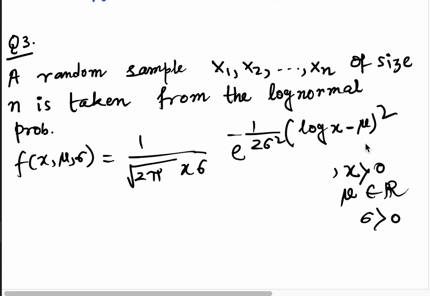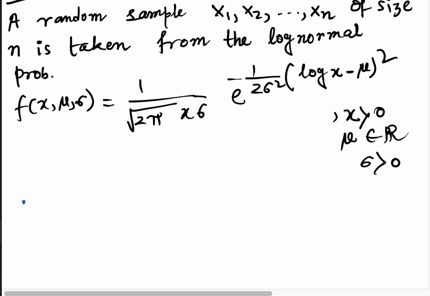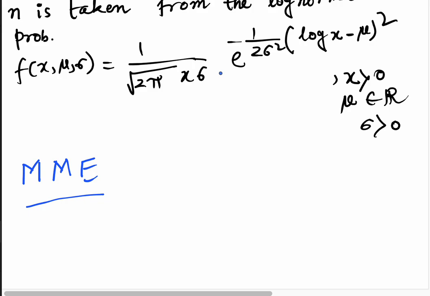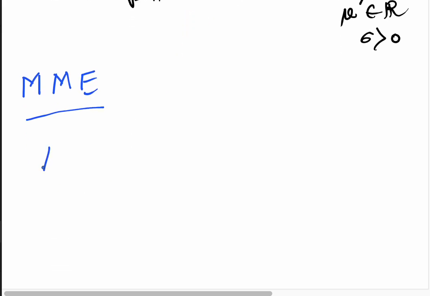That's all. Now from the method of moment estimator, we have to find the parameters mu and sigma square. So let's do it. There are two parameters, so we have to know the two moments. One is mu 1 prime.